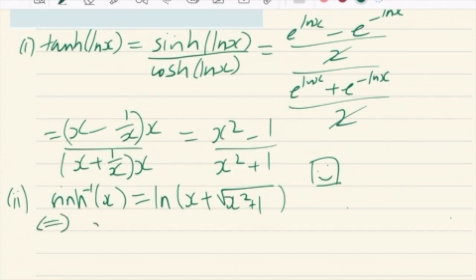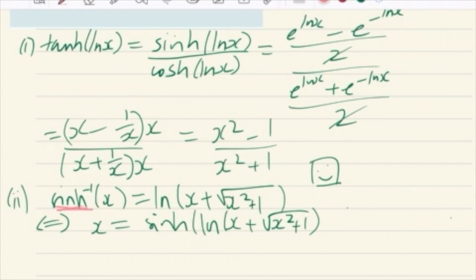So it's the same as x equals hyperbolic sine of this stuff. Yeah, so when we took hyperbolic sine of both sides, this inverse disappeared. Okay, so we're going to show this.